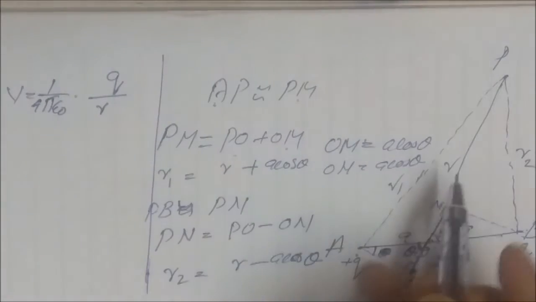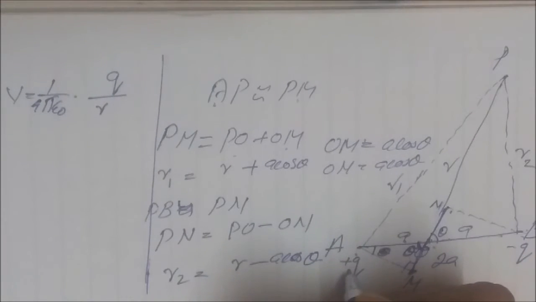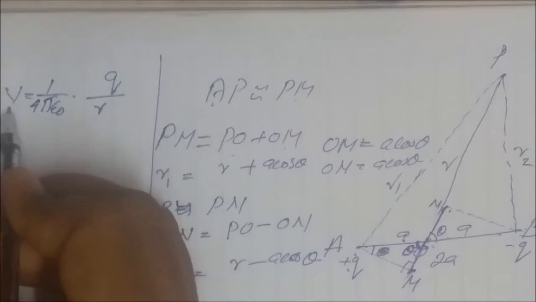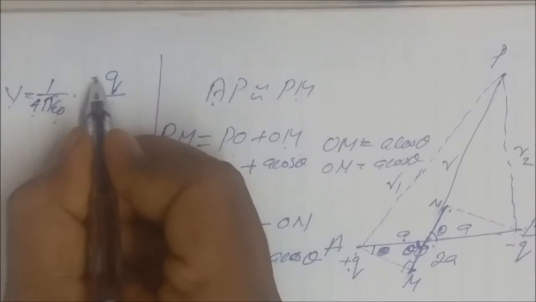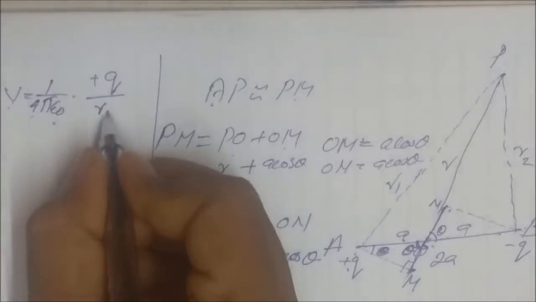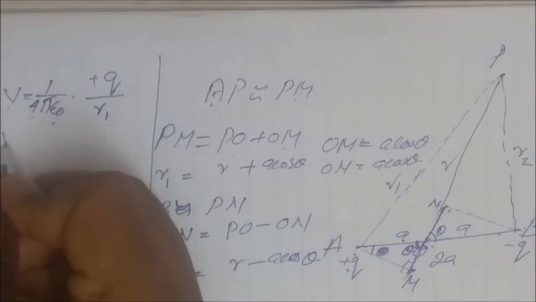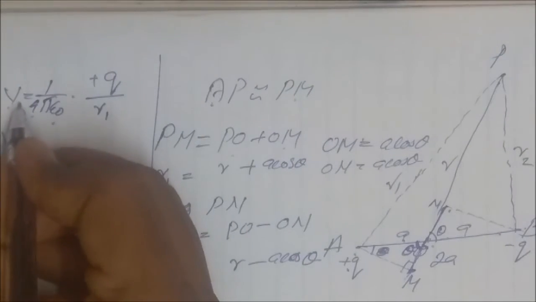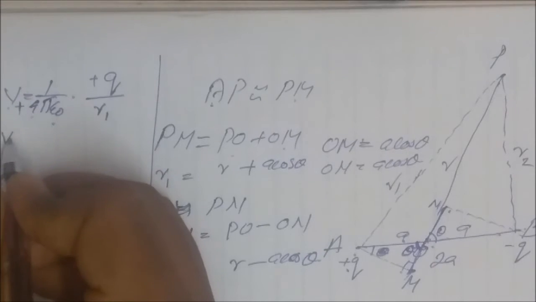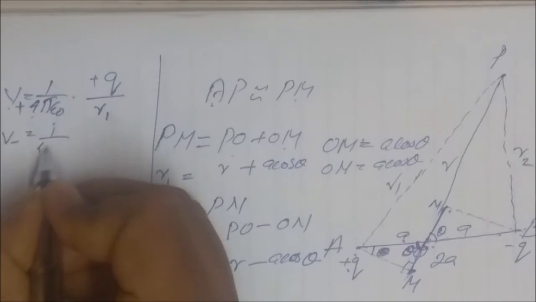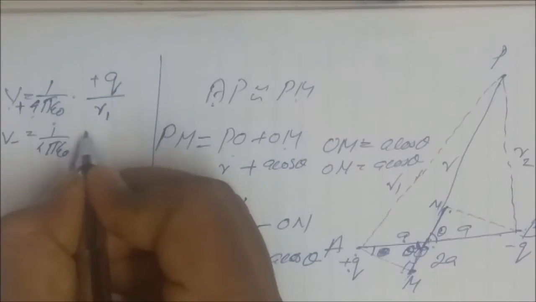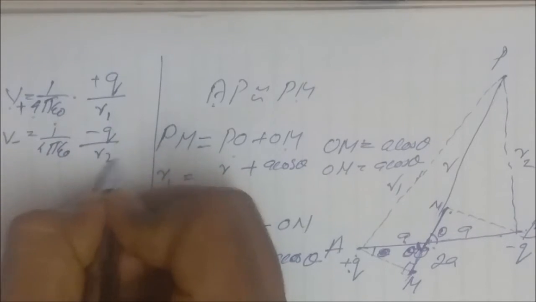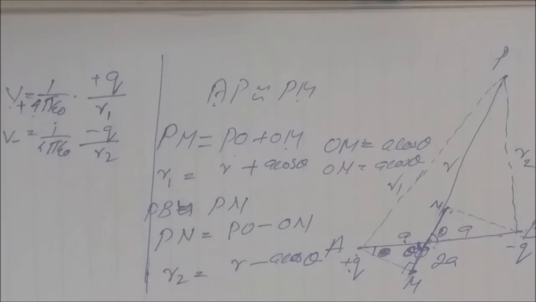Here first we are considering the plus q charge, so v is equal to 1 by 4 pi epsilon 0 plus q by r1. And when we consider the second one, v is equal to 1 by 4 pi epsilon 0 minus q by r2. So these are the potentials due to the two electric charges, v1 and v2.